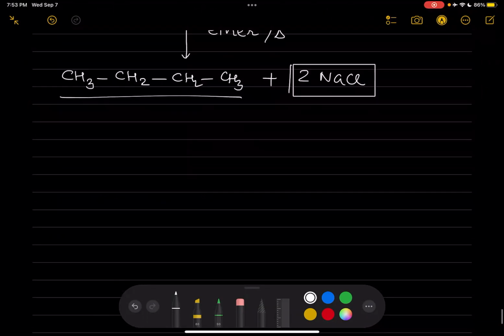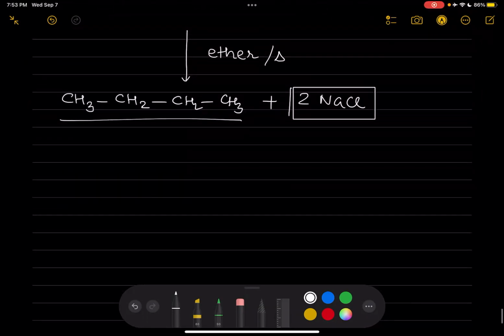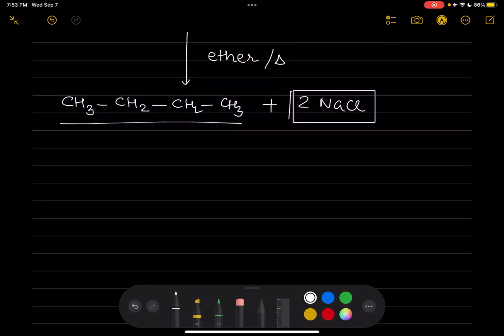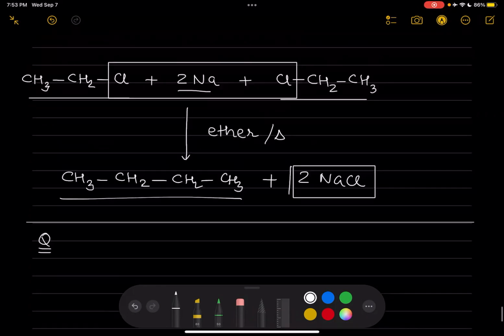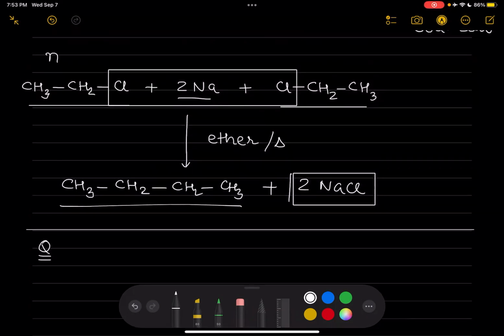So this is the Wurtz reaction. The Wurtz reaction is used to prepare an even-numbered carbon alkane, the alkane having twice the number of carbon atoms with respect to the alkyl halide. So in the alkyl halide, how many carbon atoms were there? 2 carbon atoms.